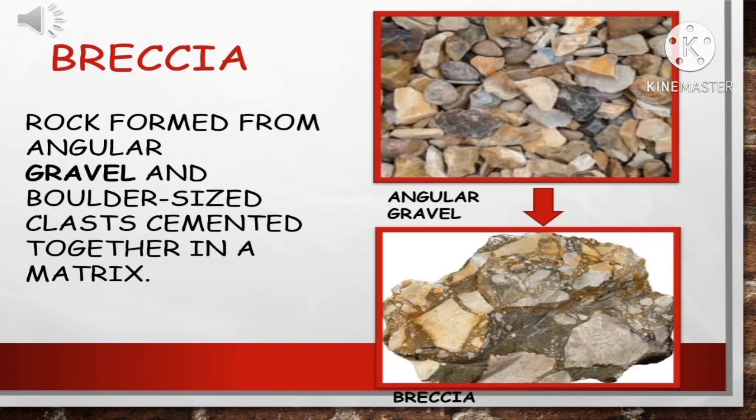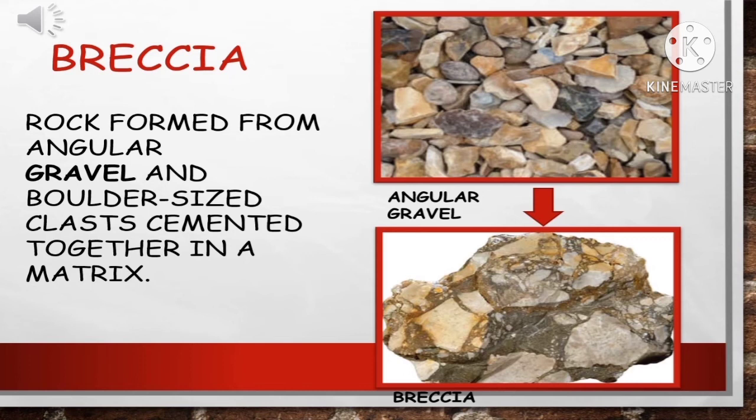Another sedimentary rock under clastic rock is breccia. So what is breccia? This is rock formed from angular gravel. So gravel pa rin siya, katulad ng conglomerate, but the difference is the shape of the gravel. Kasi yung gravel ng breccia, angular, with pointed edges, no?